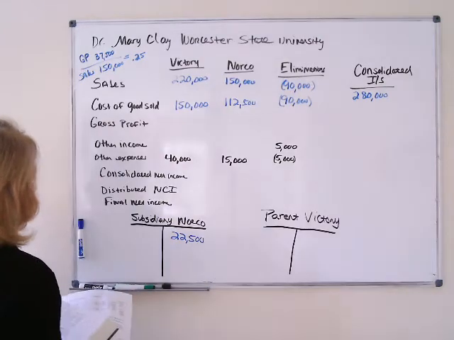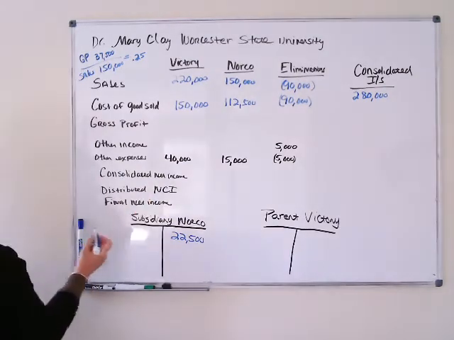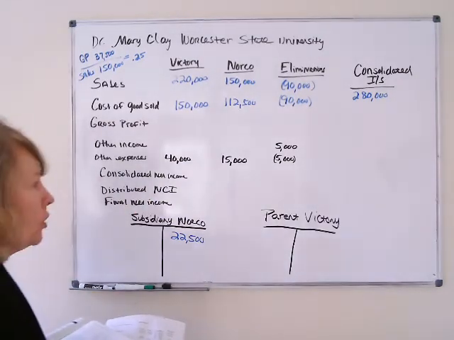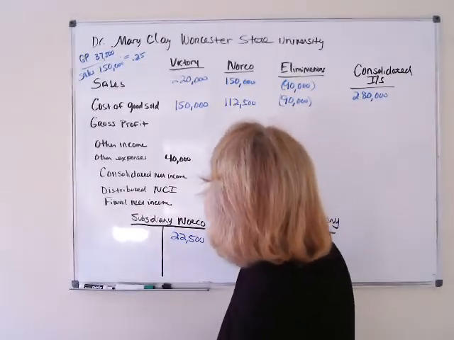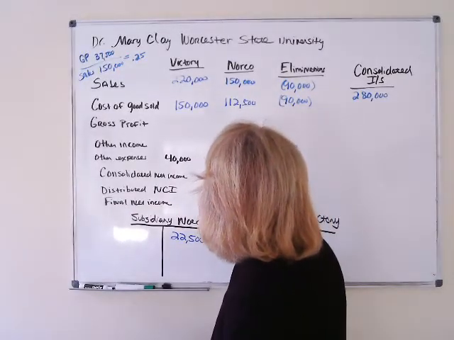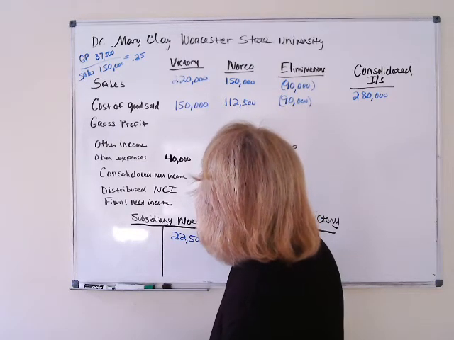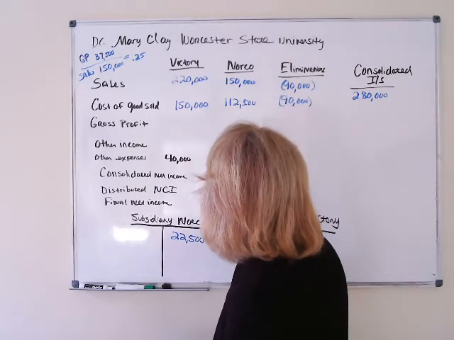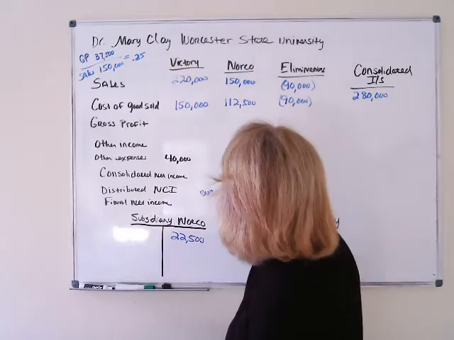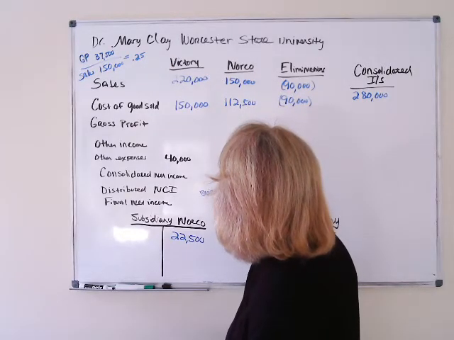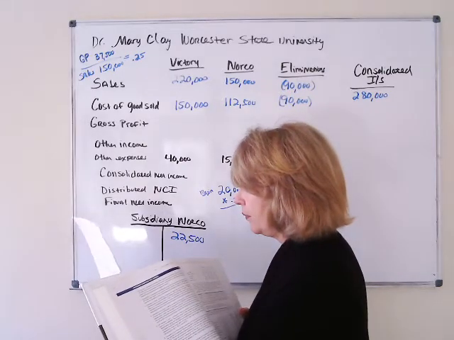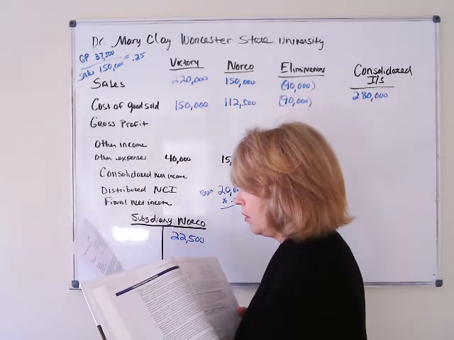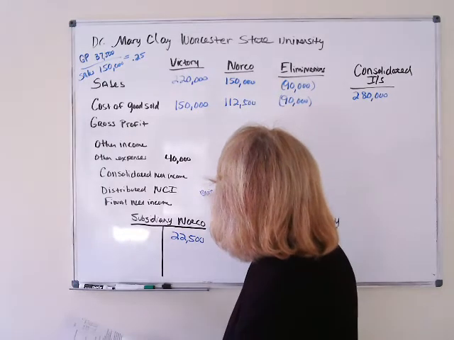Let me show you how you get this number. Actually, let me put it over here and then I'll erase it. The 20,000 is beginning. We're going to multiply it by 25%, and that will give us the $5,000.